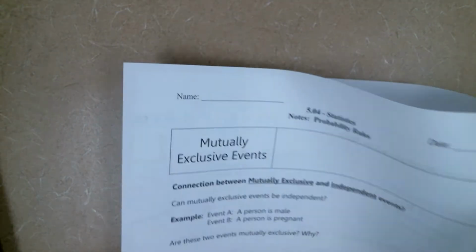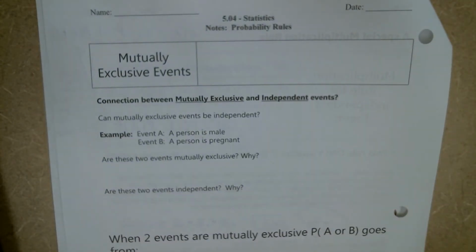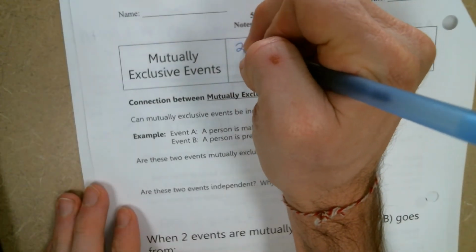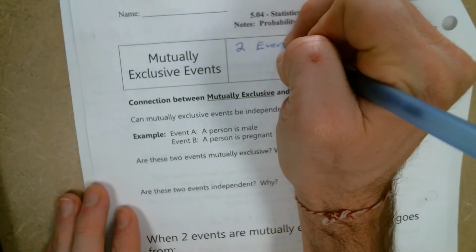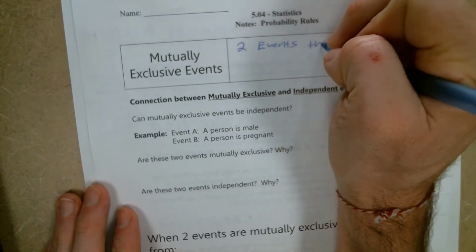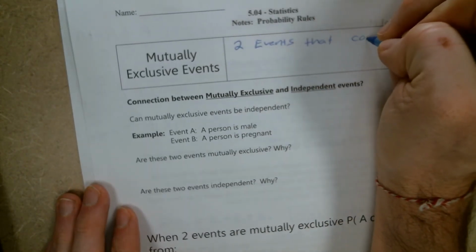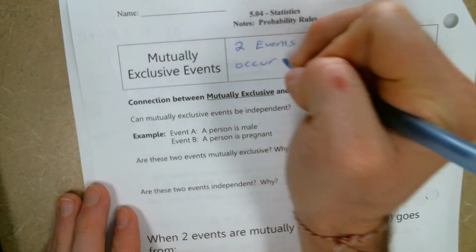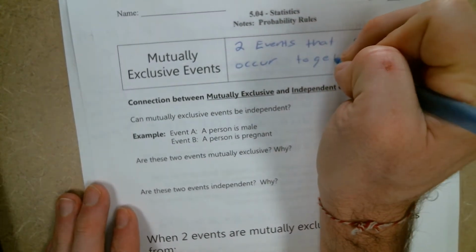All right, mutually exclusive events. All right, what are mutually exclusive events? They are two events that cannot occur together. All right, we saw this with our Venn diagrams.